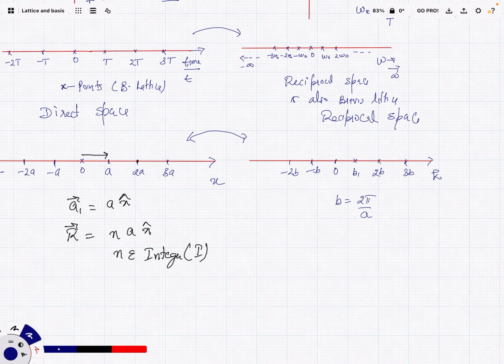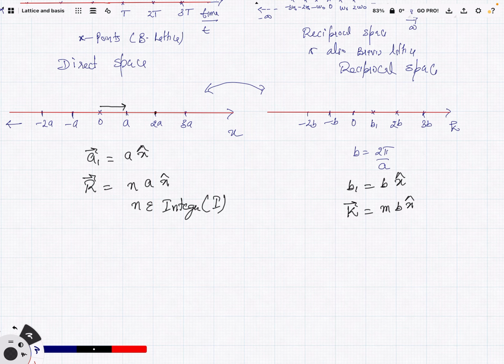Similarly, how do I construct the reciprocal space? In this case it's trivial. My primitive lattice vector is called b1, that is b times x cap, and any lattice point in the reciprocal space can be reached by m times b x cap.